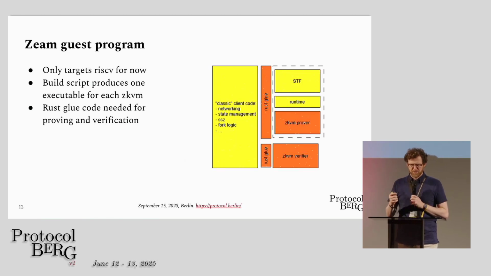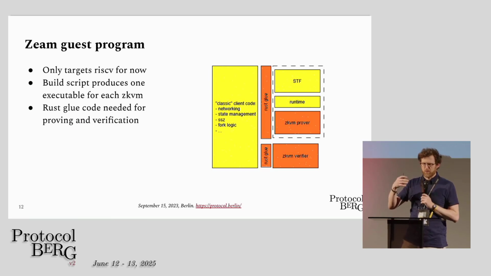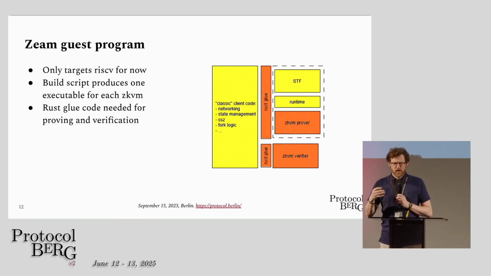So the structure, I forgot to put a legend, by the way. Everything in yellow is written in Zig, and everything in orange is written in Rust. So you have the classic client code, everything that has to do with networking, things like this.